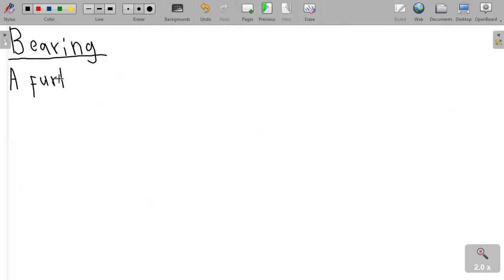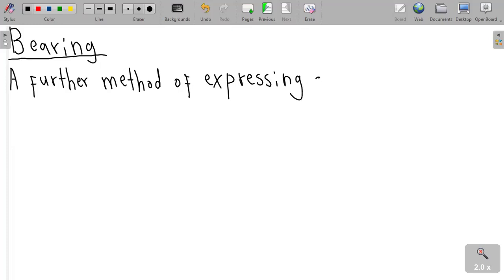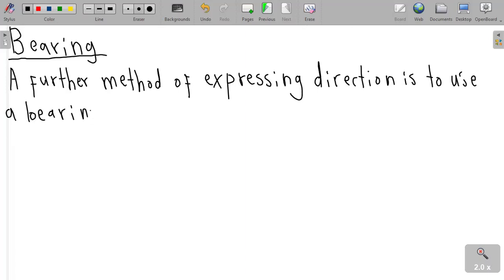A further method of expressing direction is to use a bearing, okay?